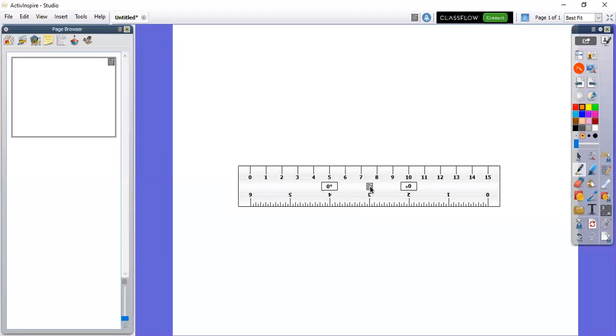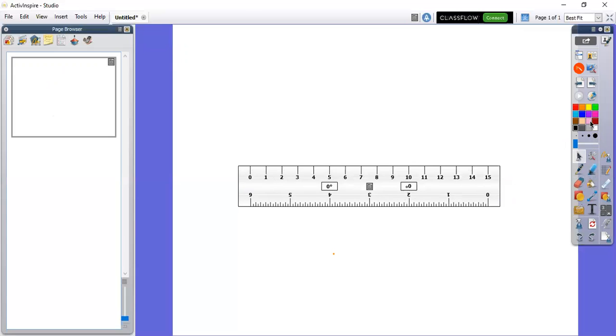So up top is my centimeter. You can see it's marked as centimeters. The first thing it tells me to do is draw a line with the length of 2 centimeters. So let's point to our 2 centimeters, where our line needs to go to. So our line needs to go from 0 to 2.